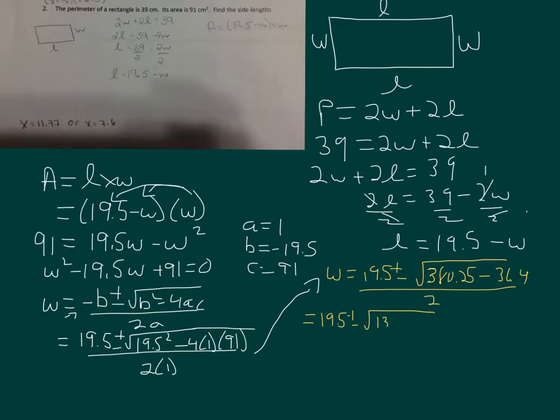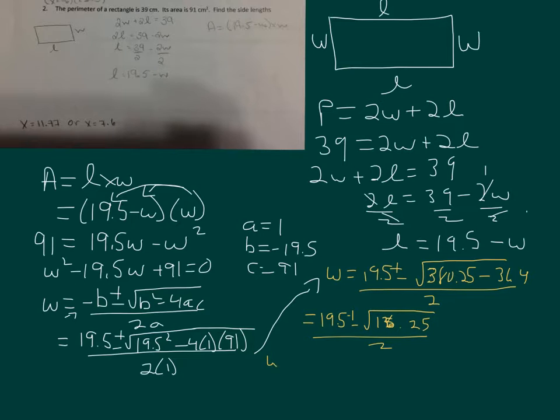I don't know why it won't erase. That should be 16.25. There we go, all over 2.